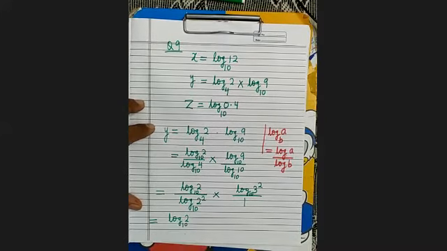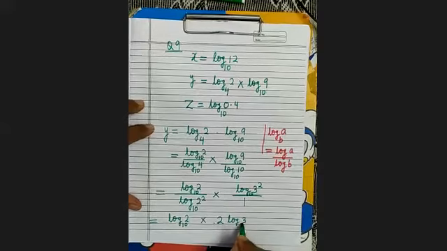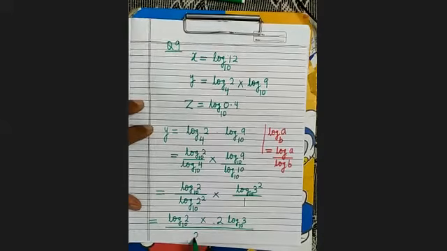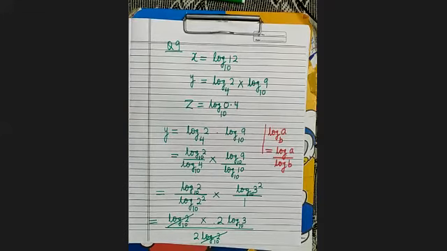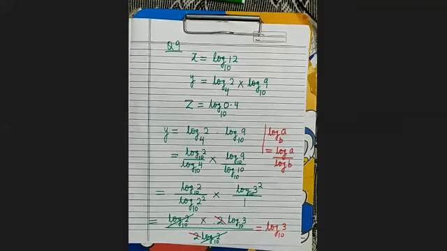Log 2 to the base 10 into, when you apply the power rule, 2 log 3 to the base 10, whole divided by 2 log 2 to the base 10. So this and this will be cancelled. 2 and 2 will be cancelled. And what will be left? Log 3 to the base 10.